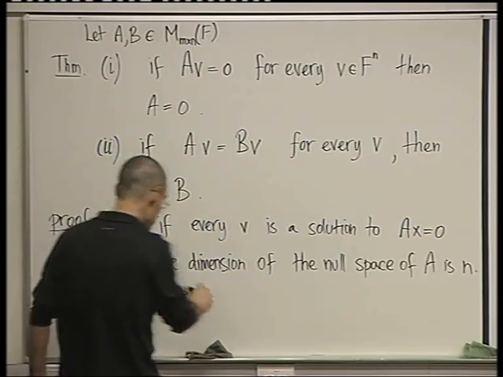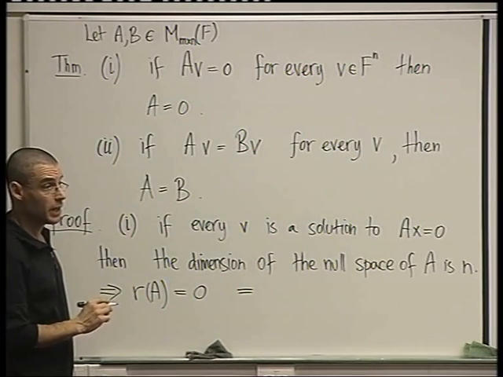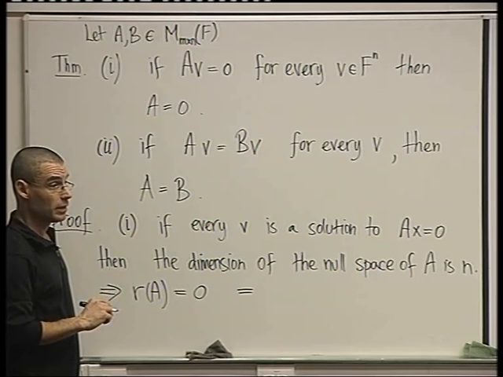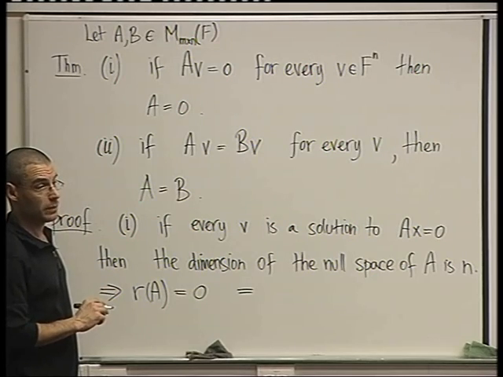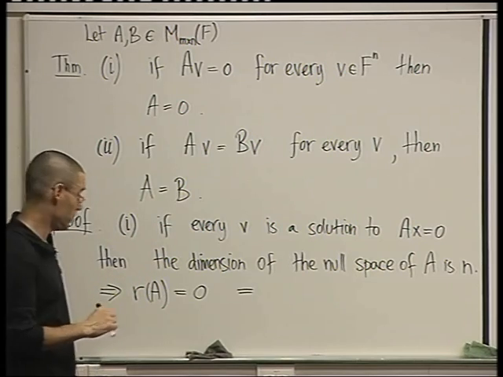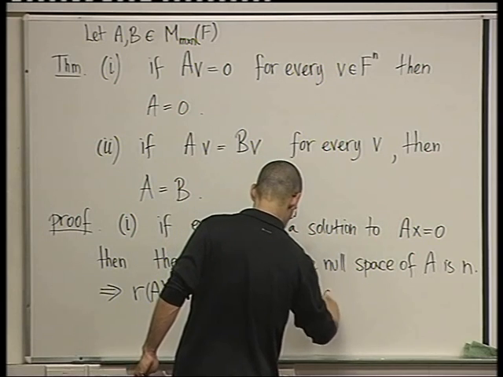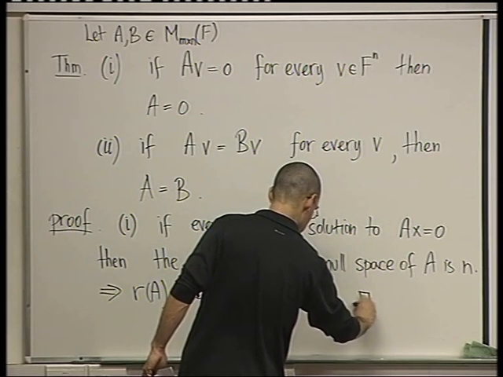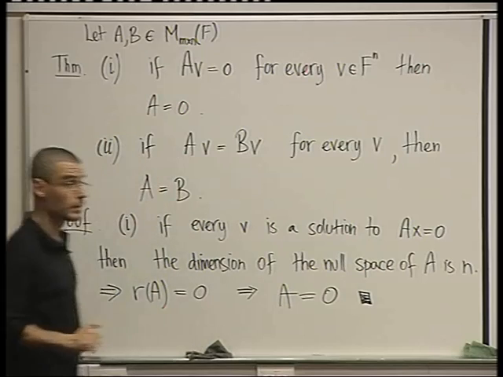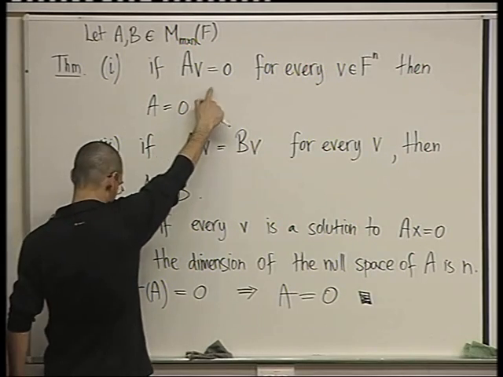It's only the 0 matrix. If there was a non-zero row somewhere, the rank would be at least 1. You can't make all the rows die by row operations. Good? Okay, so this proves this part.